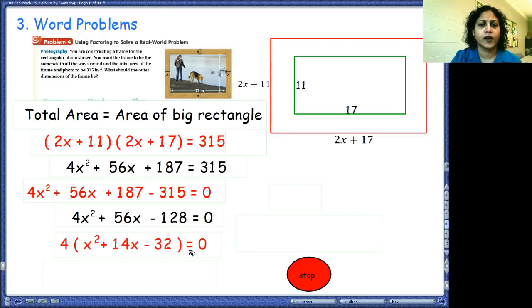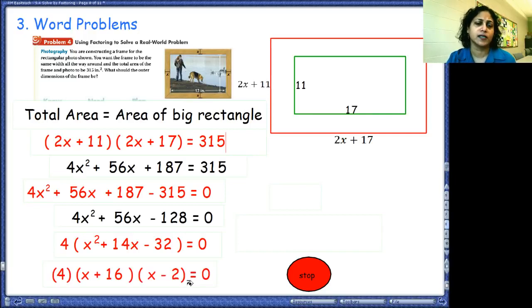Factor out the 4, and what factors of 32 will give you 14, and that is 16 and 2.